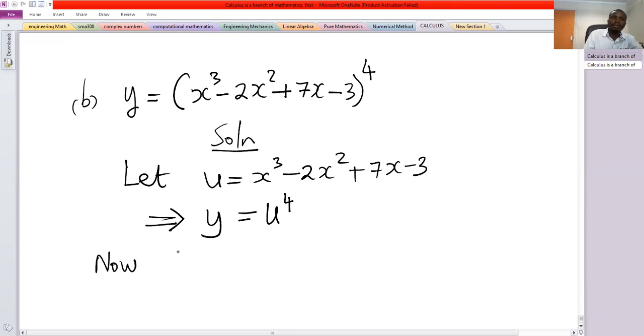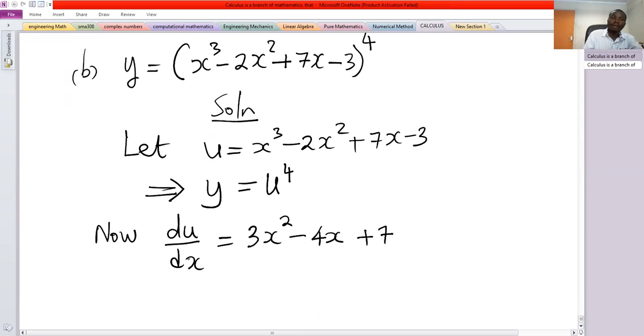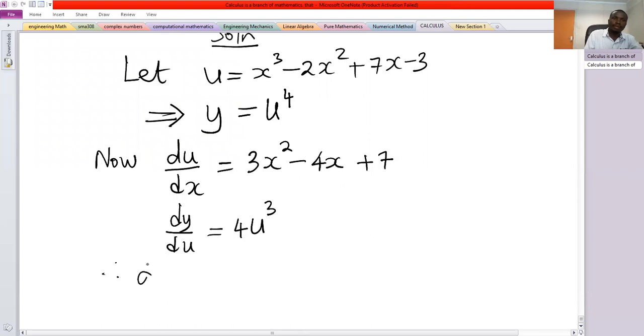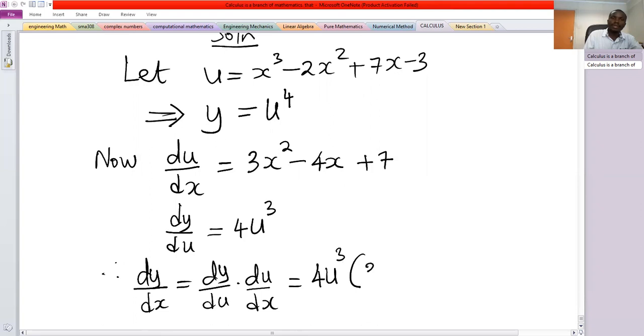Now du dx from this equation will be 3x squared minus 4x plus 7. dy du from this second equation will be 4u power 3, and therefore dy dx is dy du times du dx, which will be 4u power 3 times 3x squared minus 4x plus 7.